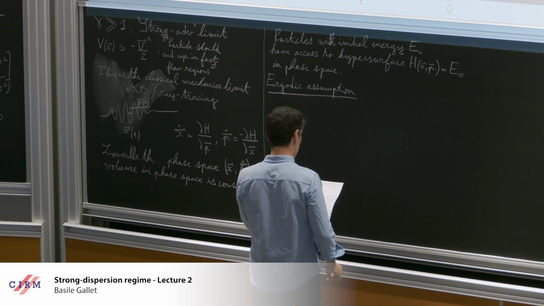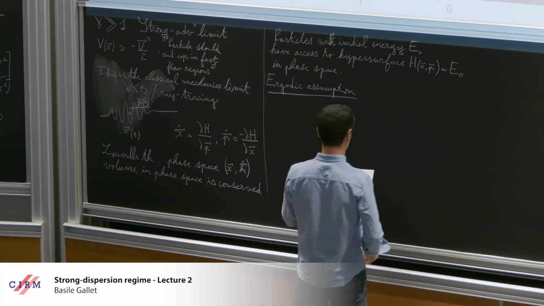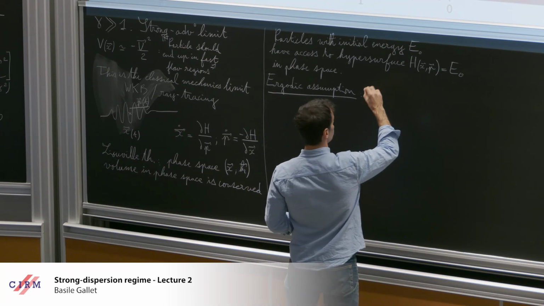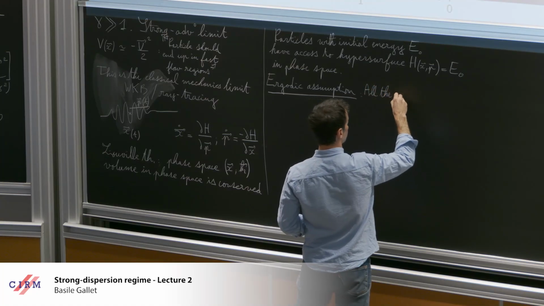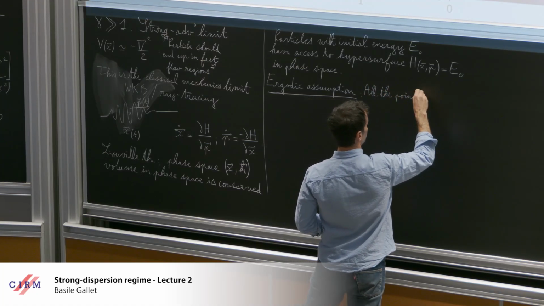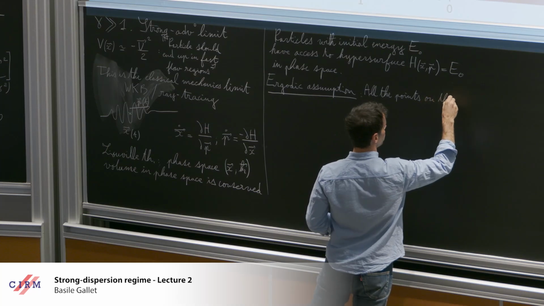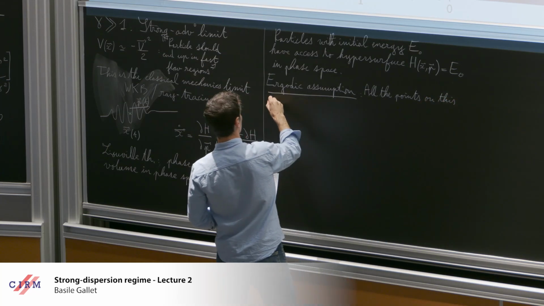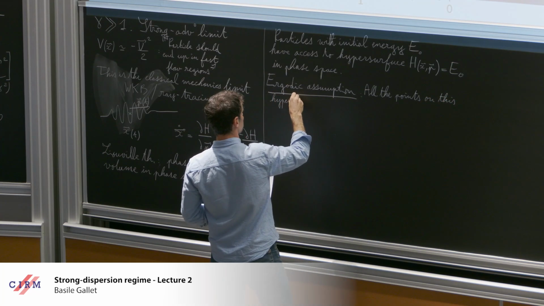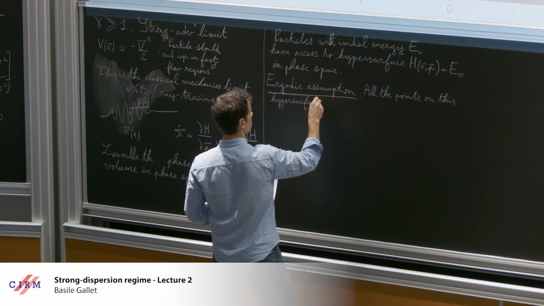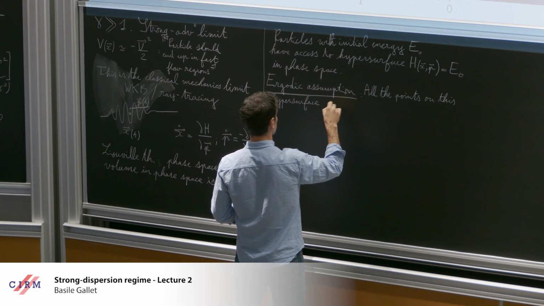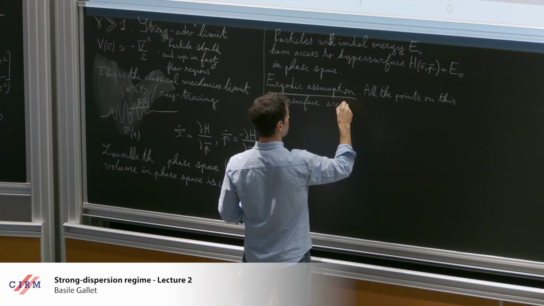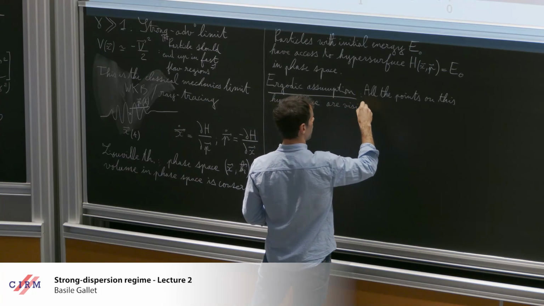Okay, so how should I say this? Basically, all the points on this hypersurface, not sure how to say that, are visited at the same frequency, maybe, on time average.